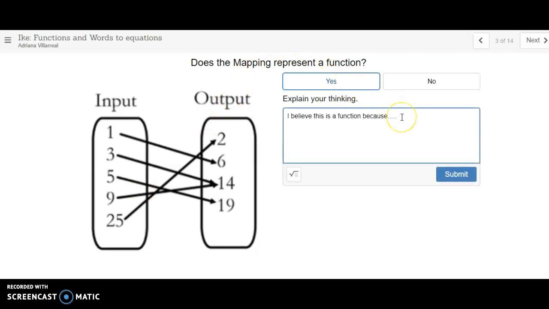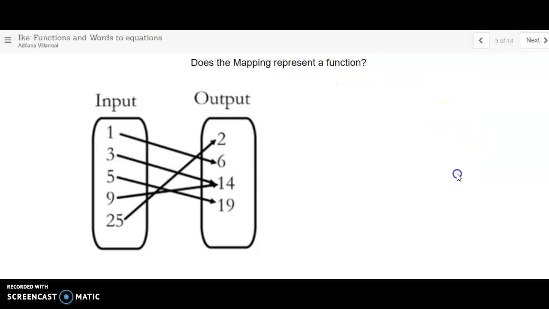So yes, because x does not repeat, or you can say that x only has 1 line from each of them. Something along those lines that let me know you understand what we're working on, okay?